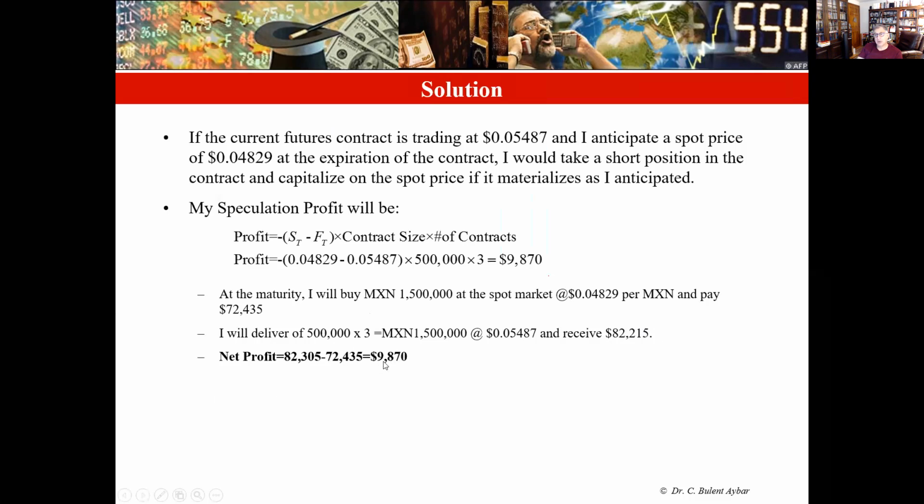That gives me a gain of $9,870. So if my anticipated future spot price is lower, then I'm going to take advantage of this by shorting the contract, taking advantage of a higher futures price than the anticipated future spot price.